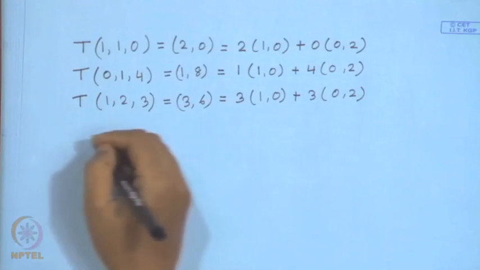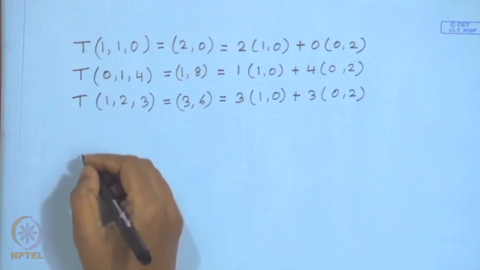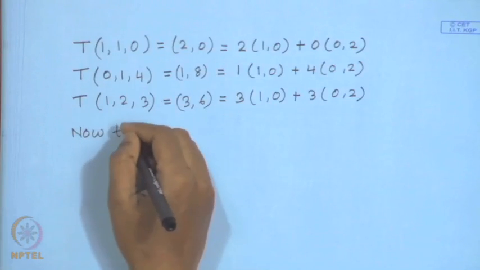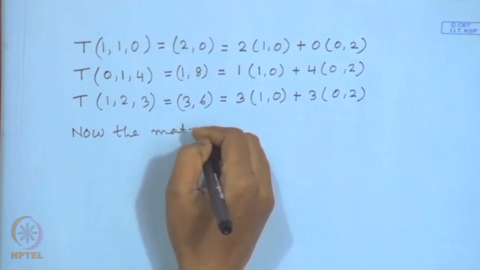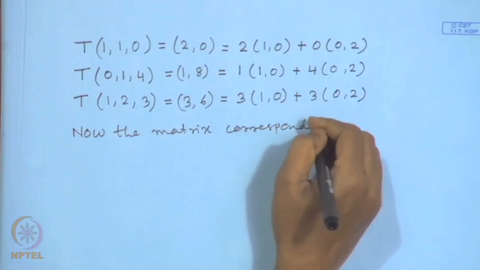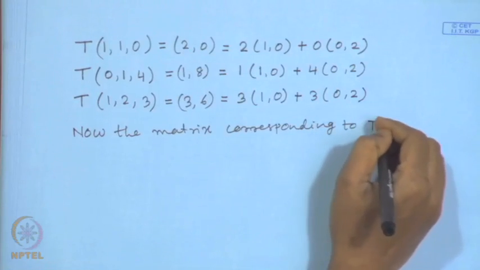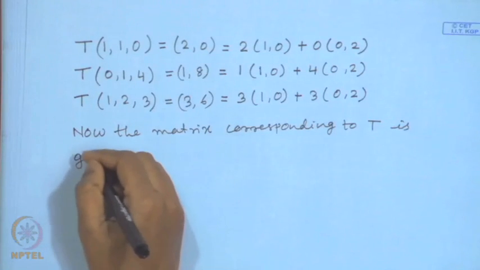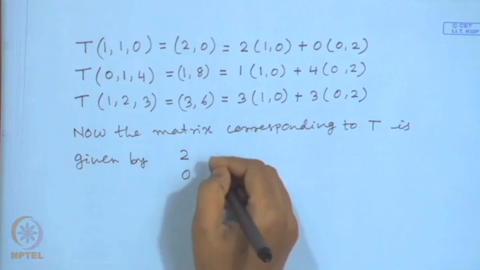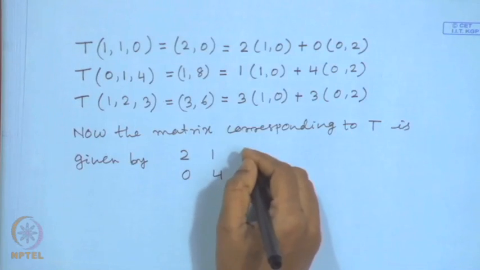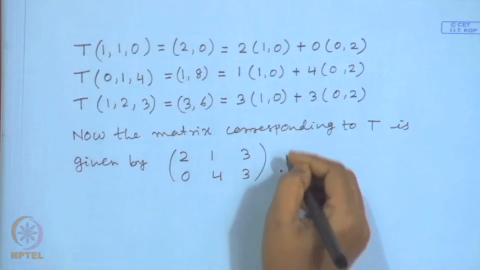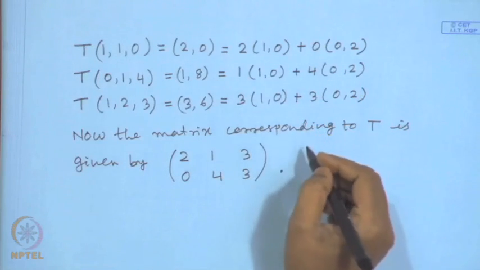So, from these coefficients we get the matrix of T. Now, the matrix corresponding to T is given by 2 0, 1 4, 3 3, or in other words we can also think of it as the transpose of this coefficient matrix.